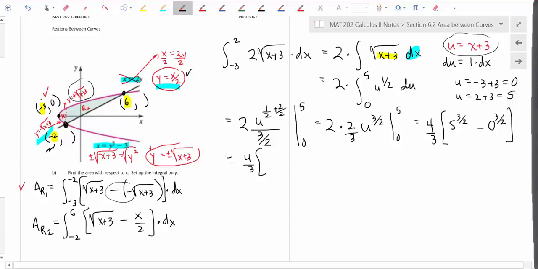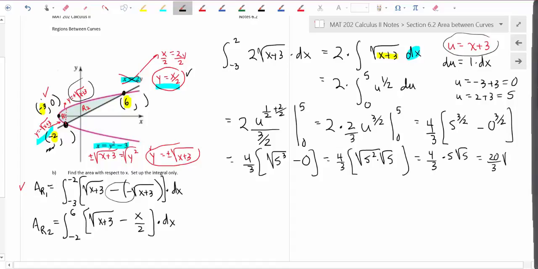This piece right here is going to be square root of 5 to the 3rd, and then minus 0. You can break this up as square root of 5 to the 2nd times square root of 5. And then that will be 4/3 times 5 times radical 5. So it looks like that is 20/3 times the square root of 5. That's what the value of that integral is.